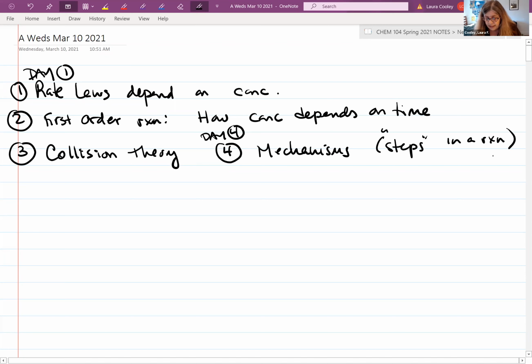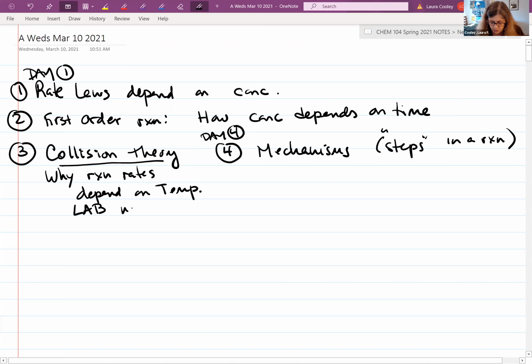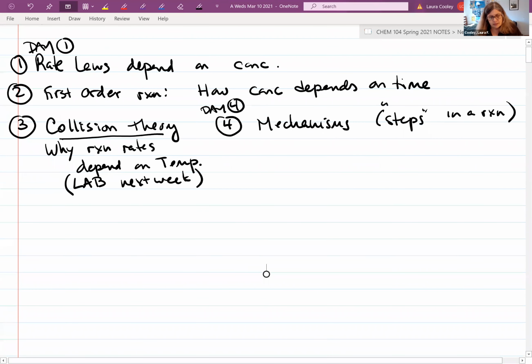But this collision theory is where you'll learn why reaction rates depend on temperature. And this is what we're going to do in lab next week. This is the last thing I have to tell you before you'll have what you need to do that lab.